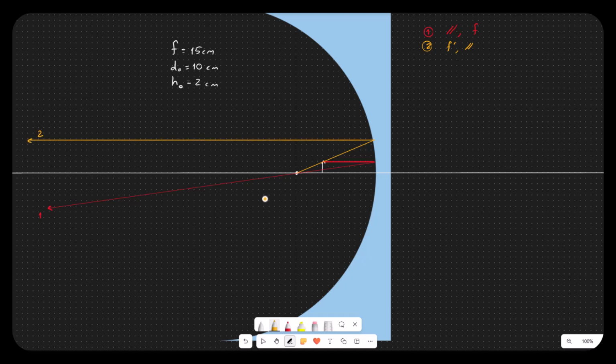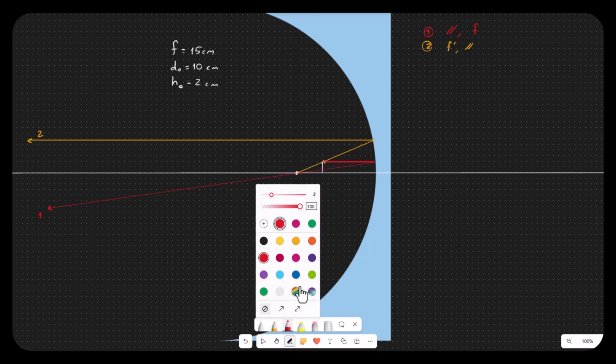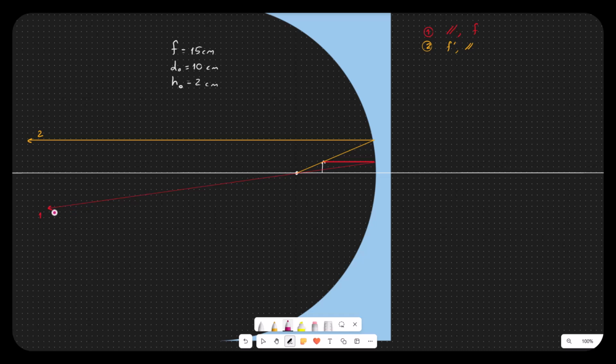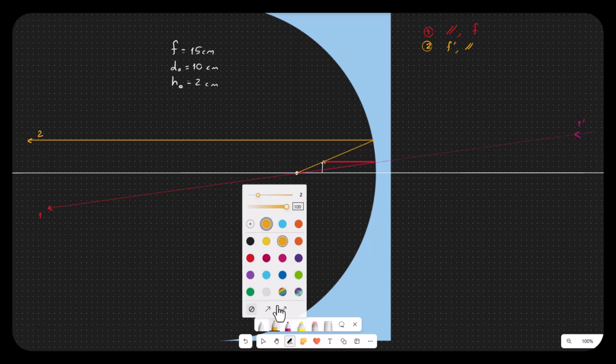Rays 1 and 2 are not going to cross each other, so I need to trace these things backwards. Ray 1 prime, I'm taking the reflected ray, which is here, and seeing where does it come from. So where it comes from is going to be something like this. And that's sort of my 1 prime, and my 2 prime.